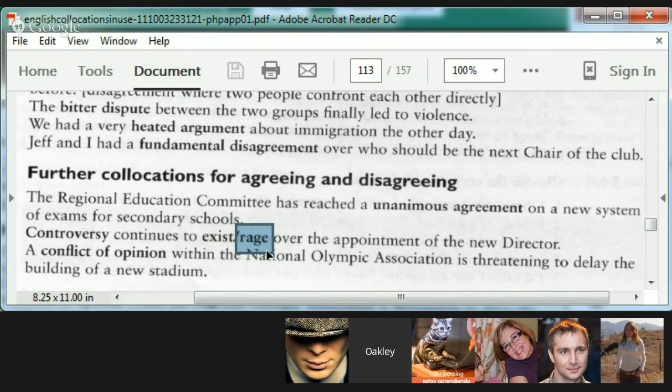Well, rage. Okay, let's talk about it a minute. As an adjective, well, okay. As an adjective, rage means angry, but it's a very extreme anger, very intense anger. Okay, actually, that's a noun. But as a noun, it means very, very intense anger. As a verb, to rage is to shout and scream with great anger.